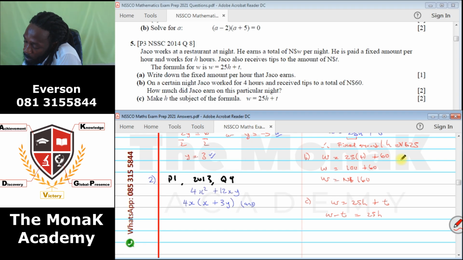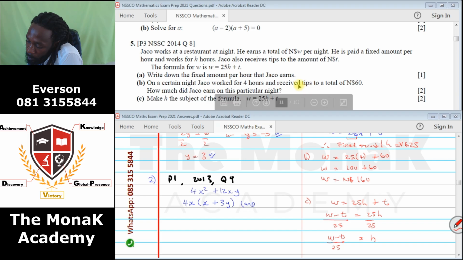To remove the 25, since it's multiplying the H, you divide by 25 the whole thing. So H equals W minus T over 25. Like that.